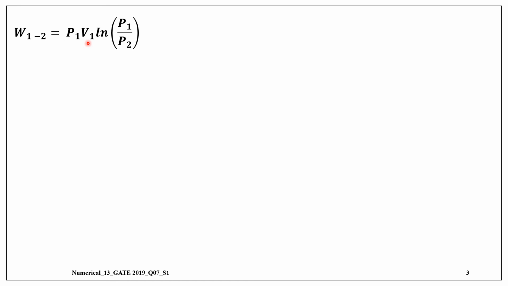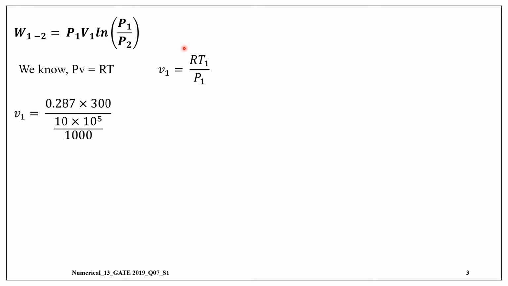V1 is not given in the problem statement, but we can find it from the given data. We know for an ideal gas, PV is equal to RT, and this V is a specific volume. When you apply this ideal gas equation at state 1, we can write V1 equal to RT1 divided by P1. Substitute the values.